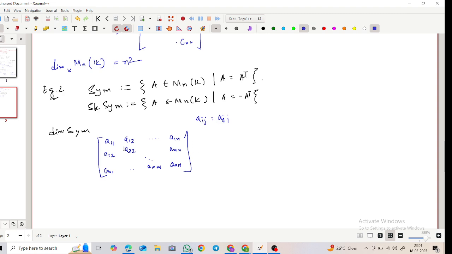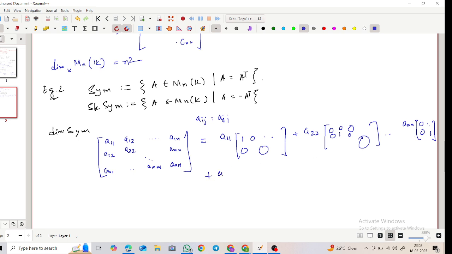But see, I can write it like this: A11 times the matrix with 1 at the (1,1) place and 0 everywhere else, plus A22 times the matrix with 1 at the (2,2) place and 0 everywhere else, and similarly Ann with only one 1 here, plus A12 times the matrix with 1s at the (1,2) and (2,1) places and 0 everywhere else, then A13 with 1s at the (1,3) and (3,1) places and 0 everywhere else.